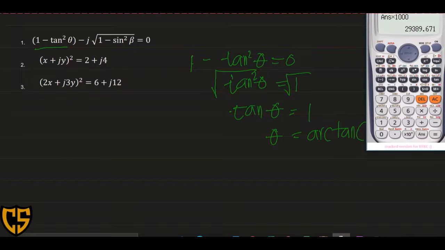So solving for the arctan of 1, this is equal to 45 degrees.